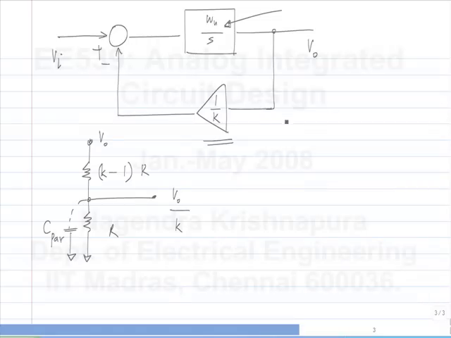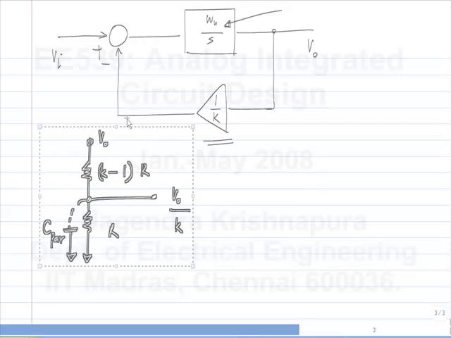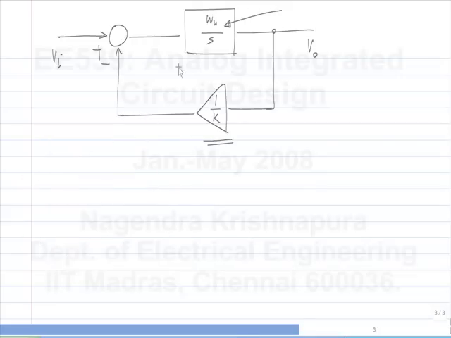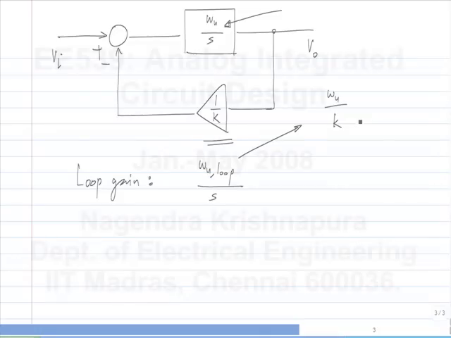So, ideally we would want the loop gain to be some ideal integrating function. I'll call it omega u loop by S. In our particular case, omega u loop was omega u of the forward path integrator divided by the feedback fraction.